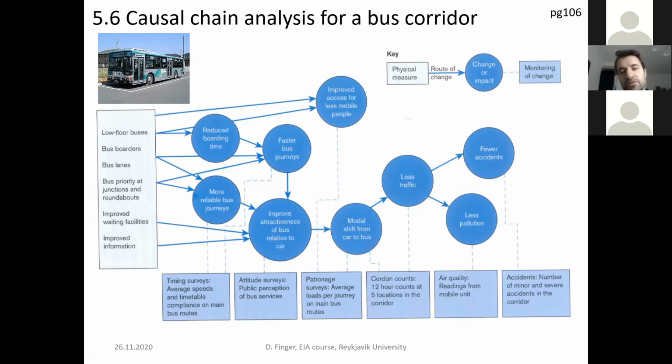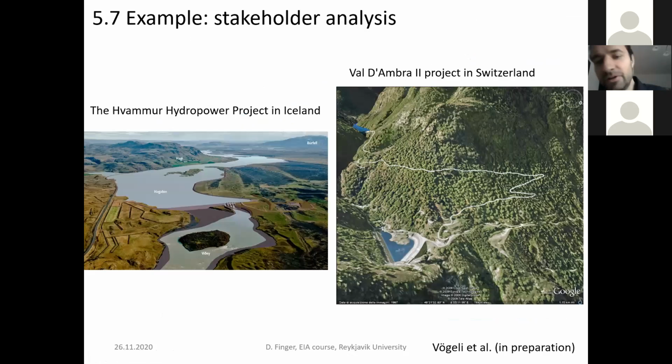So this really goes into social science, but what I want to point out is that we worked on two examples where we looked at causal mapping of the stakeholders' perceptions, and those were two power plants. One was Hvammsvirkjun in southern Iceland, and the other one was Valdambra, a project in Switzerland. Both are hydropower plants that were proposed to be built in ecologically sensitive areas.